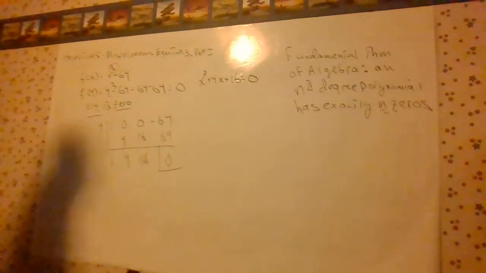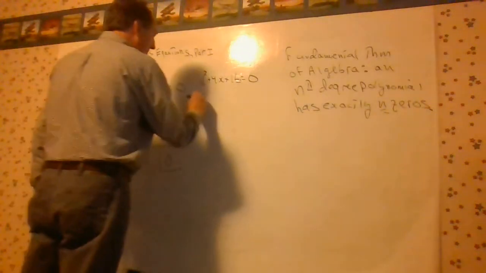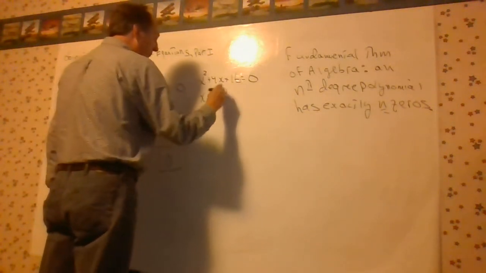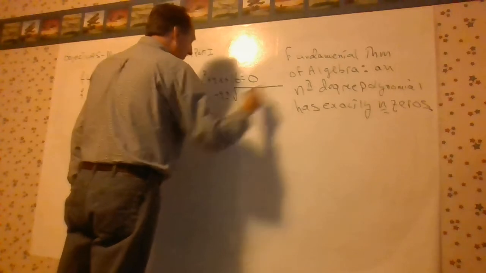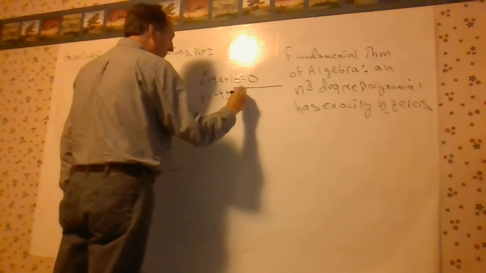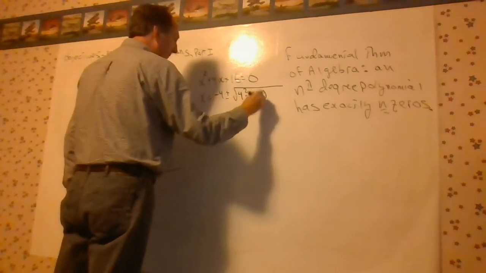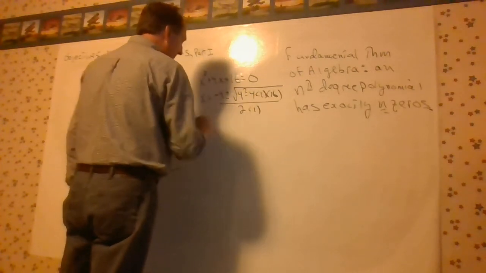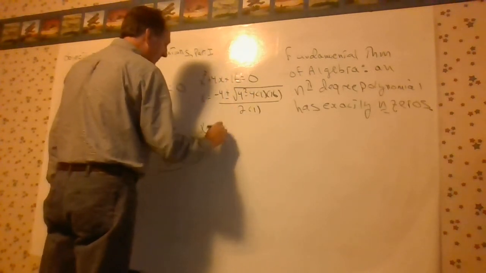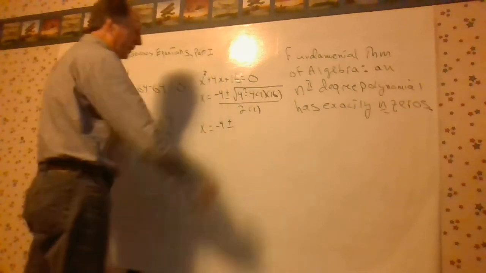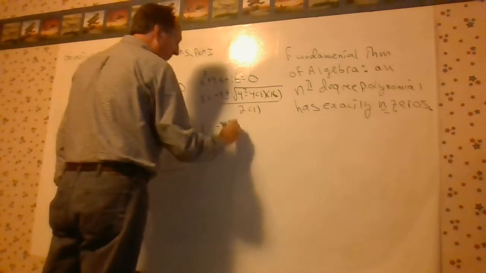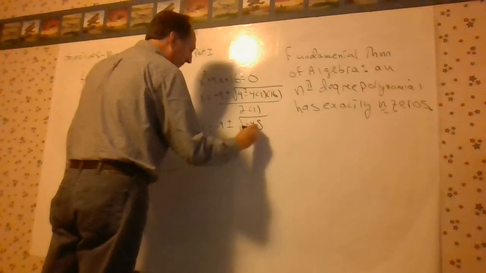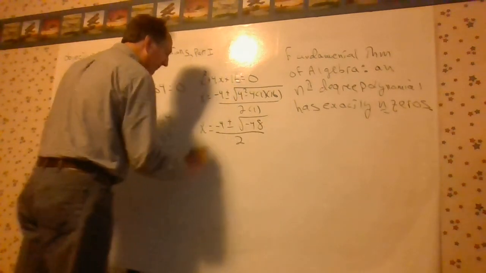It doesn't factor, so we use the quadratic formula. x equals negative b plus or minus the square root of b squared minus 4 times a times c, over 2a. Okay, that's 16 minus 64, the square root of negative 48, over 2.